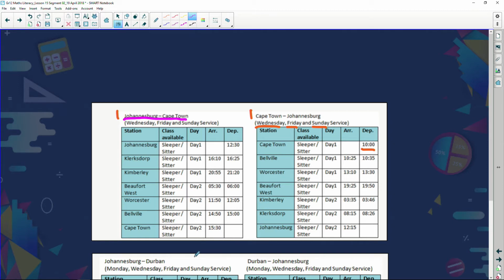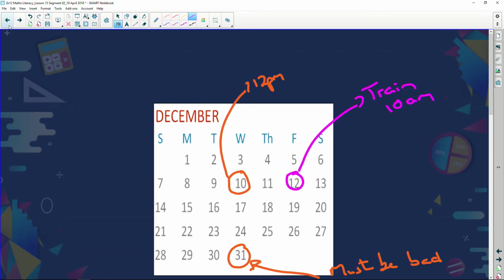So a train Wednesday, Friday, Sunday. Okay, so Wednesday, Friday, Sunday. Wednesday can't leave because then they get back Thursday and they've got to be back the 31st. The Sunday is the next possible one which they would have to leave.